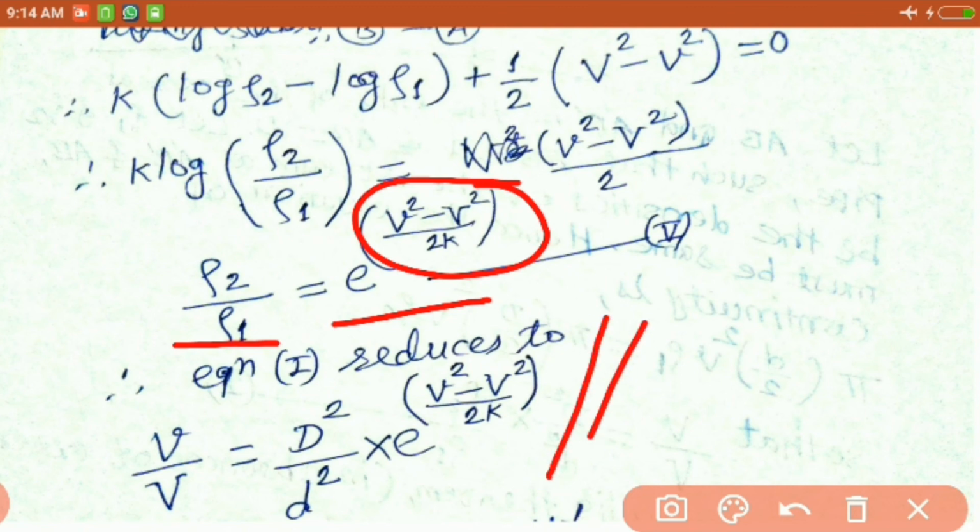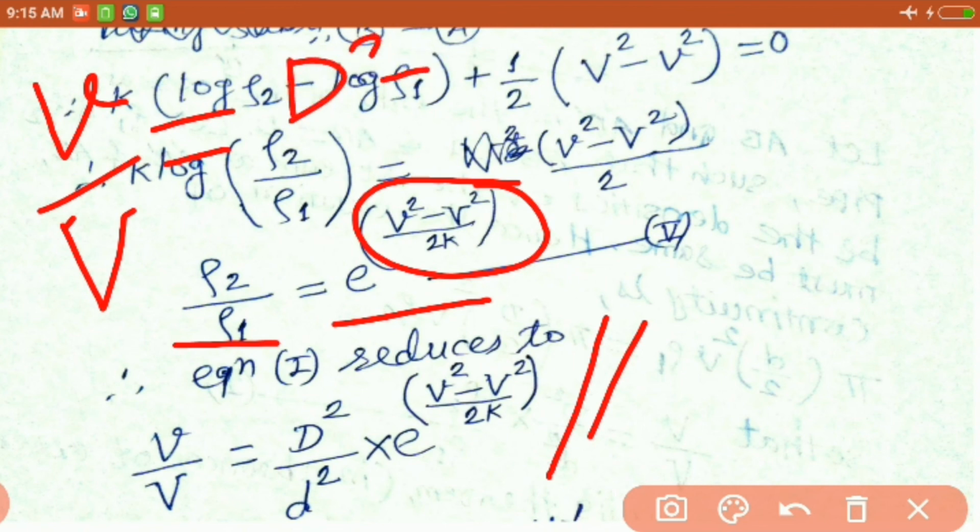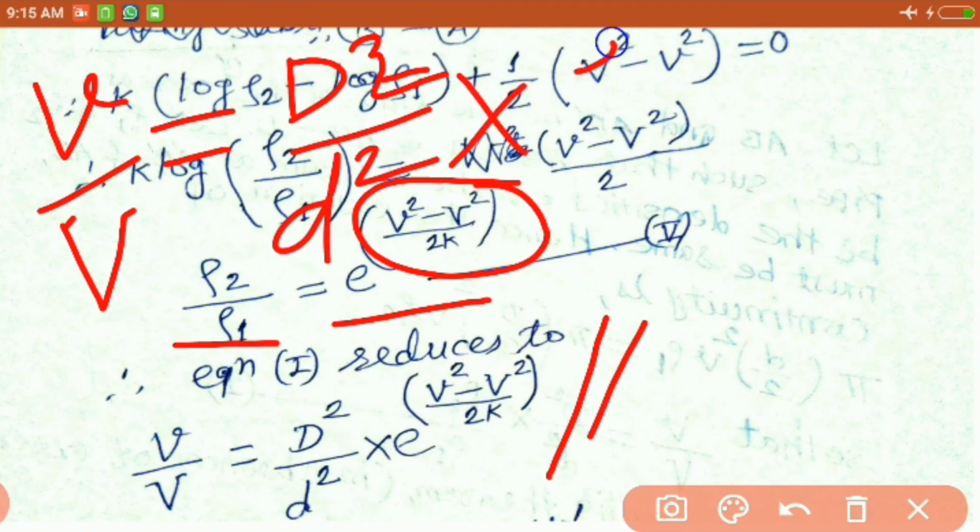Now equation first reduces to: what is equation first? Small v upon capital V is capital D square by small d square into rho 2 by rho 1.